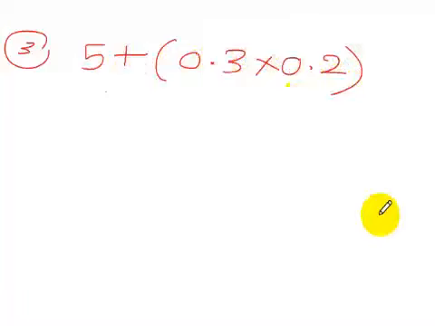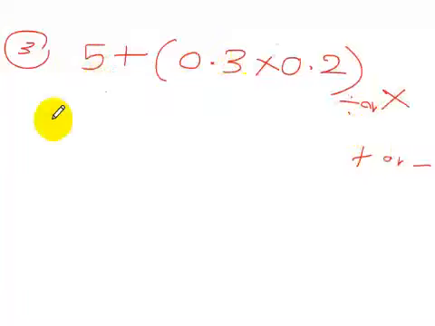So you have learned in grade 7, priority should be given to division, multiplication, then addition, subtraction. So you should give priority to this part first. That means simplify that part first. Don't add 0.3 to 5. Addition, you should do after simplifying the multiplication part.